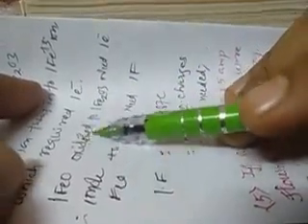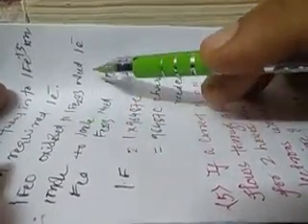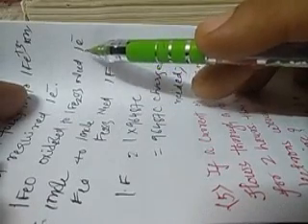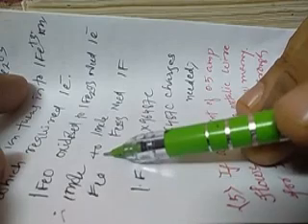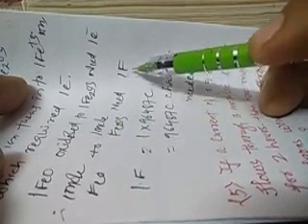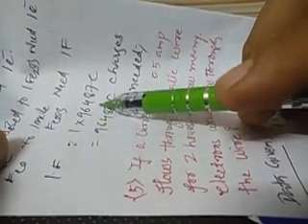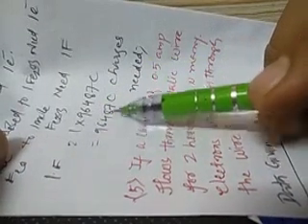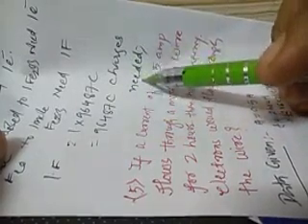So 1 FeO oxidized to Fe2O3 needs 1 electron. That means 1 mole of FeO to 1 mole of Fe2O3 needs 1 Faraday of charge. 1 Faraday means 1 multiplied by 96487 coulomb, that is, 96487 coulomb of charge is needed.